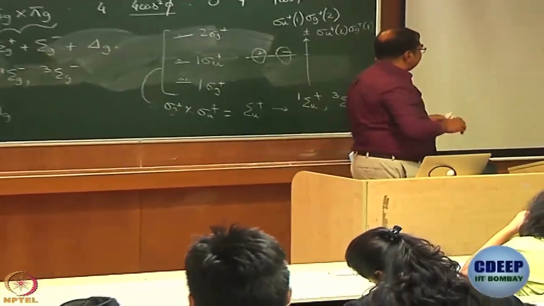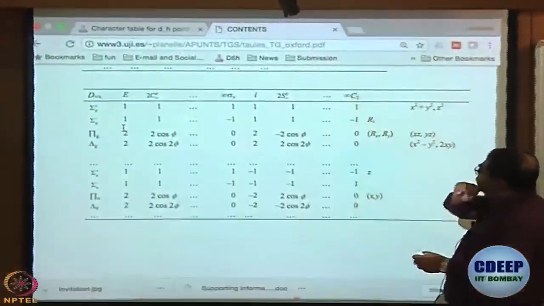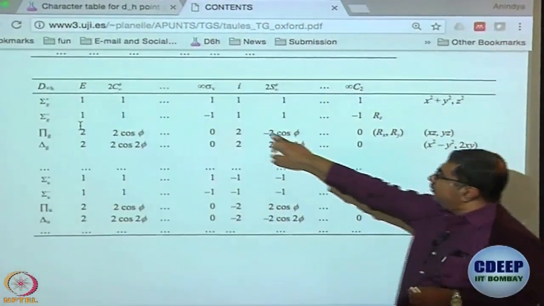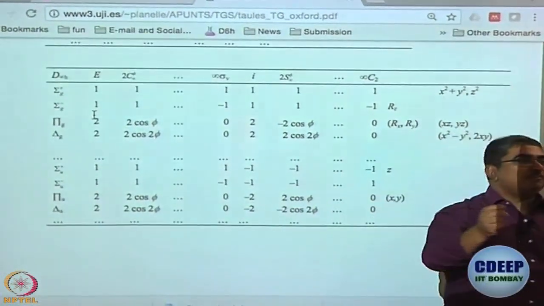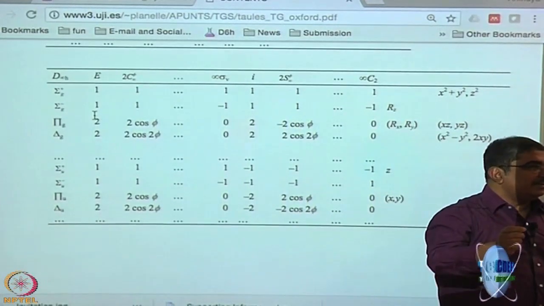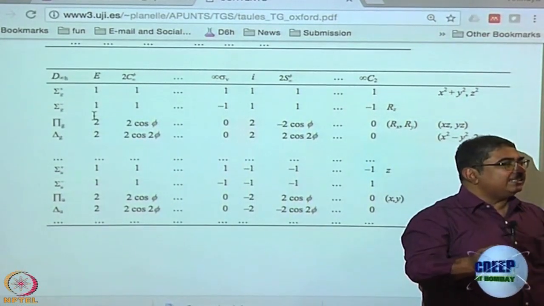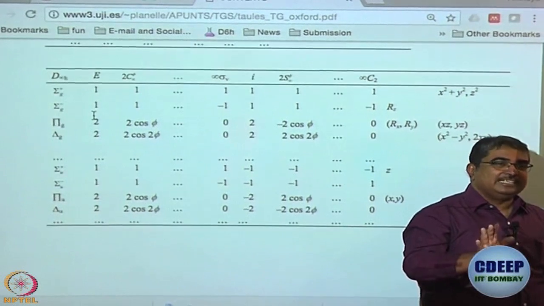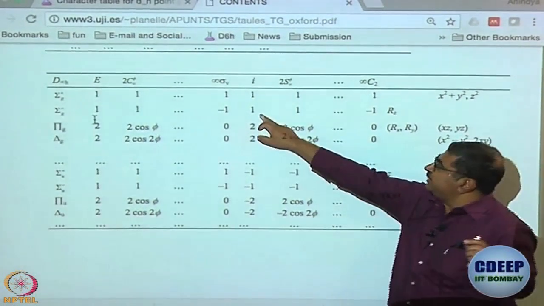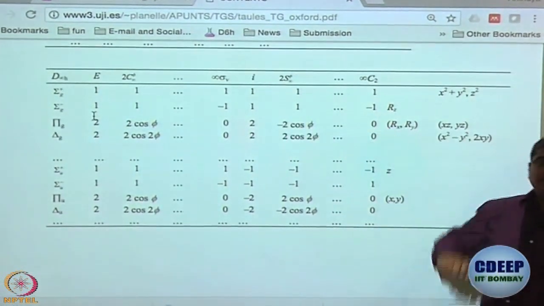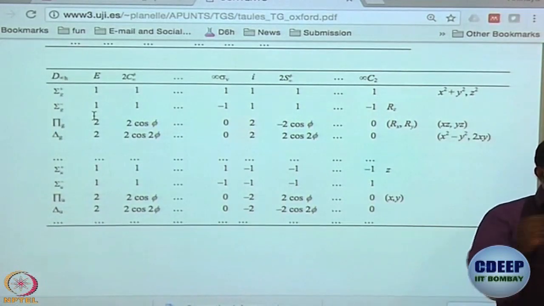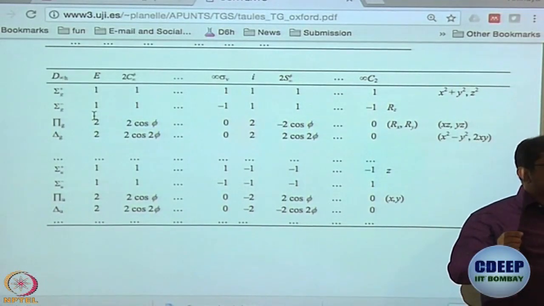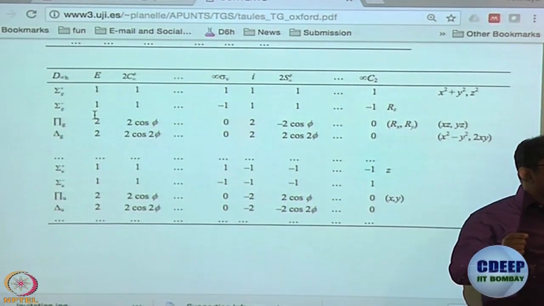If you look at the characters, well, you cannot use I, you have to think of operations that cause an exchange, right, and if any of these operations have a character of minus 1, then it is antisymmetric. So, I is plus 1, no problem. What about C2? C2 causes an interchange, right.